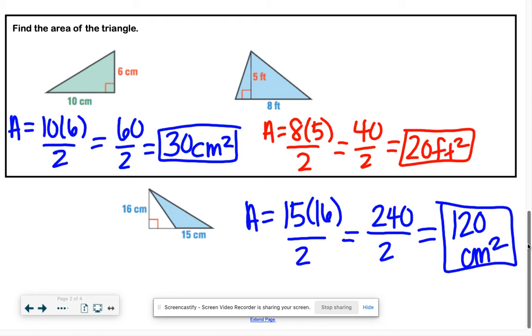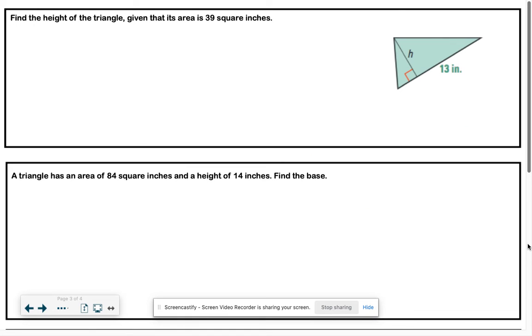Okay. Let's flip over the page and we're going to work backwards to find either the missing height or base. I'm going to start by just writing our formula down so we can see what we're plugging into.